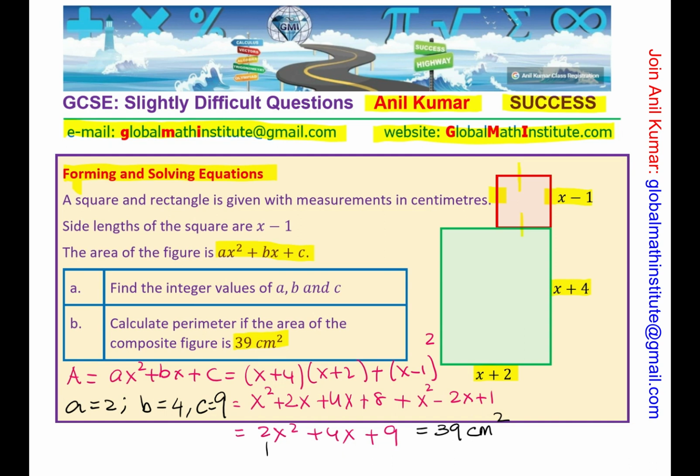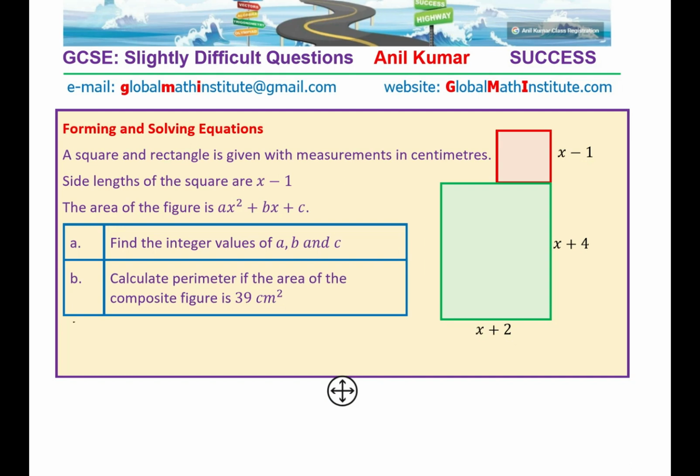From this quadratic equation, we can find the value of x and then the perimeter of the whole thing. So I think the second part is easier. Let's move on to a new page and write down the expression, which is 2x squared plus 4x plus 9, and that area is equal to 39.